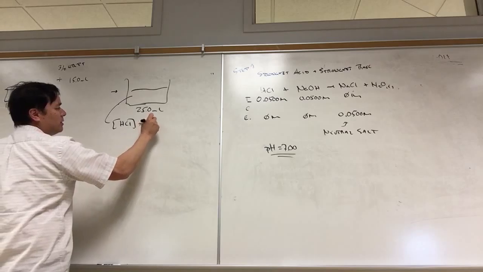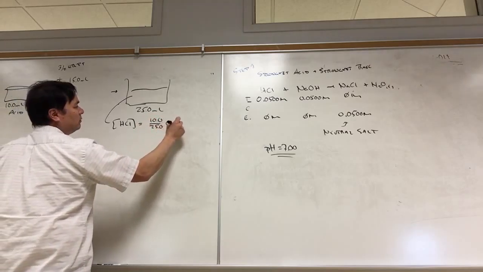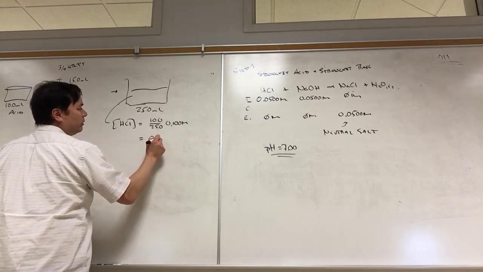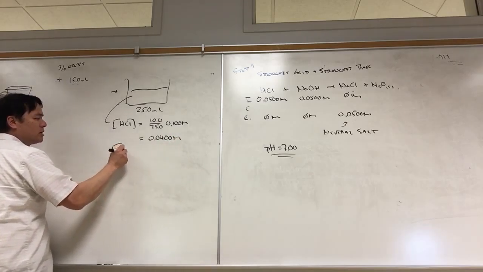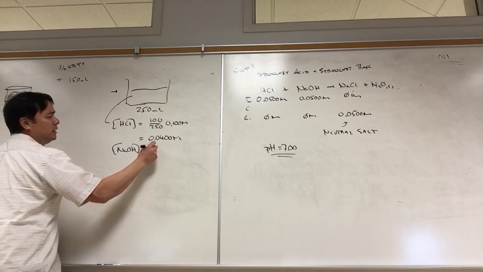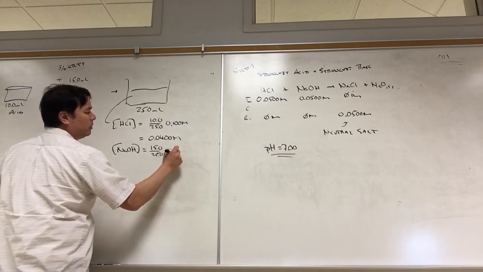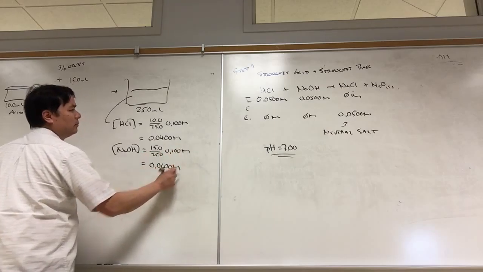The HCl is going to be diluted by 10 to 25 of 0.100 molar, which gives me 0.0400 molar. And the sodium hydroxide is going to be a 15 to 25 dilution of 0.100 molar, which is going to give me 0.0600 molar.